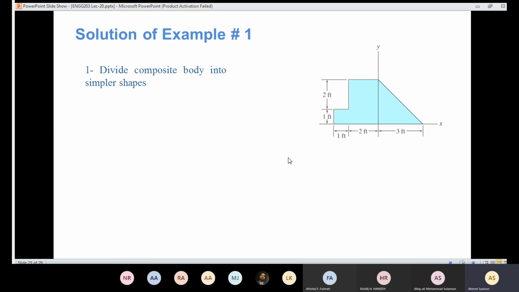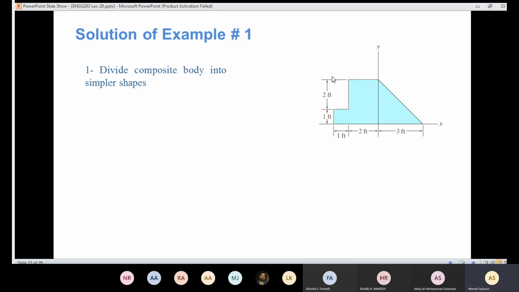We have more than one solution for that. You may say that I'm going to have a triangle here and a rectangle there and a square here. Or you can say that I'm going to have a triangle here and a rectangle there. In that case, this one is going to be like a hole.